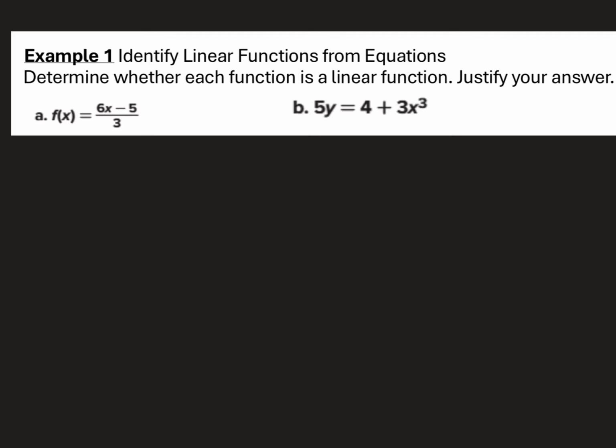A linear function, we're going to write this in the middle, has no variable raised to a power other than 1. So the largest exponent is always a 1 in a linear function, which means, let me define what that means.